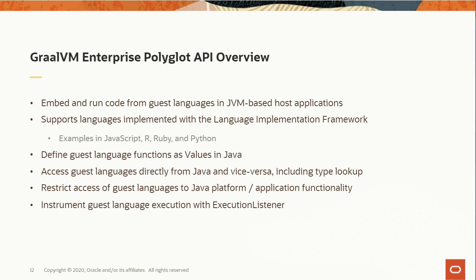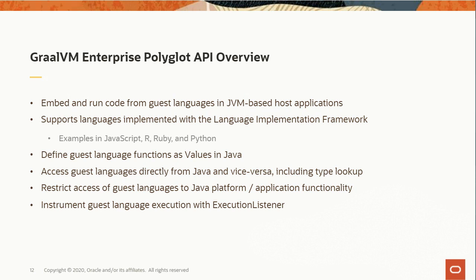You can restrict access of guest languages to Java platform or application functionality so that a guest language script you're running can't call System.exit, for example, and terminate the JVM that's executing. And you can instrument the guest language execution with an execution listener that's provided by the GraalVM Polyglot API.